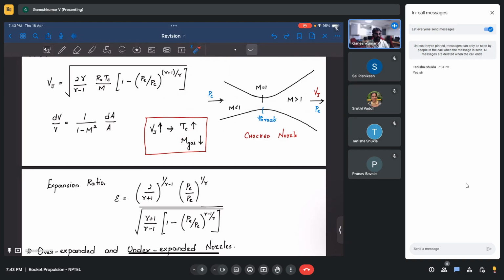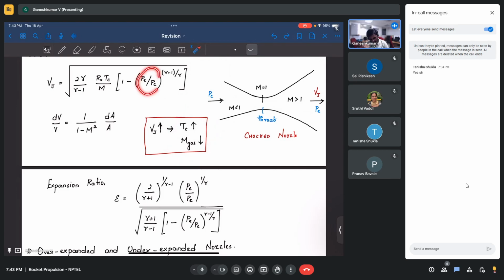If I reduce the molecular weight, the gases become lighter, and if they become lighter, it's easy to accelerate them in the nozzle, right? With the same amount of delta P, I can accelerate to a higher velocity. That's why the molecular weight of gases comes into the picture.